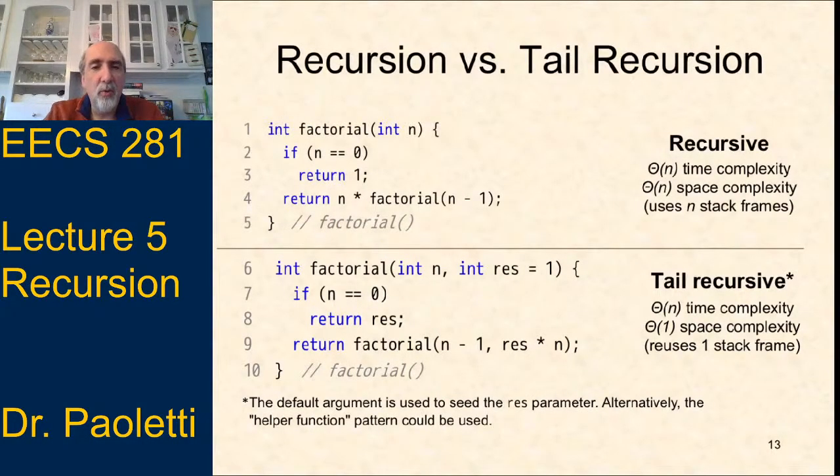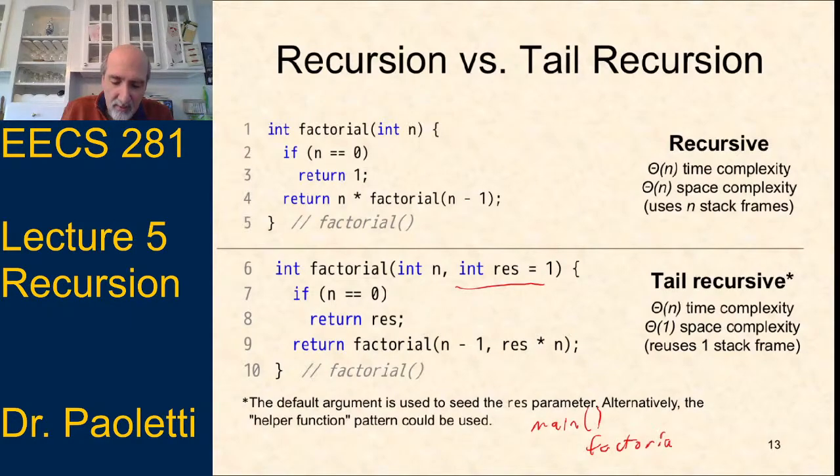Now, with our recursive function here, we've got a straightforward recursive factorial, and we've got a tail recursive function using something you may not have seen before called a default argument. So what we're saying is one of the arguments to this function has a default value. So if you call this, like back in main, I can call factorial of 5.